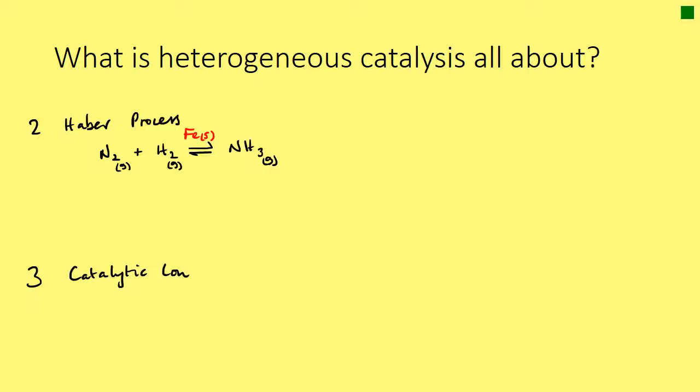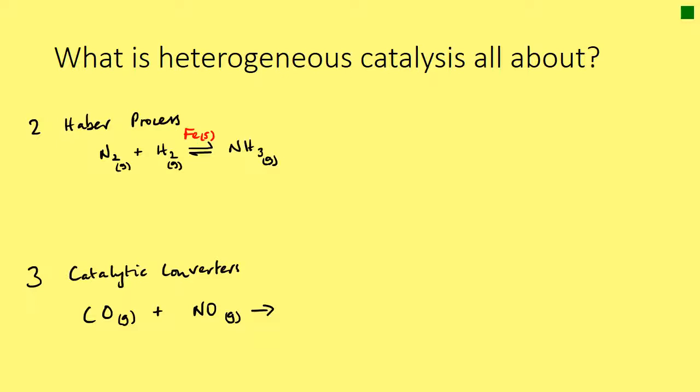That you find in exhausts of cars. And they perform a very useful function. They stop what would otherwise be poisonous gases from going into the air. We've got carbon monoxide that would be created from the incomplete combustion of our petrol or diesel. And also we would get some nitrogen monoxide, also a nasty gas.